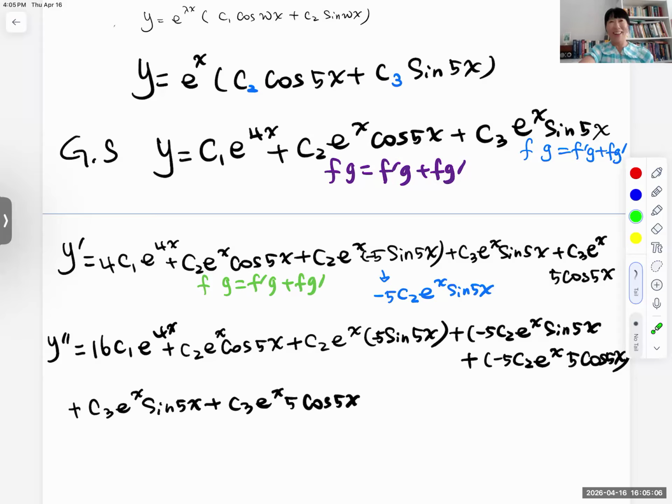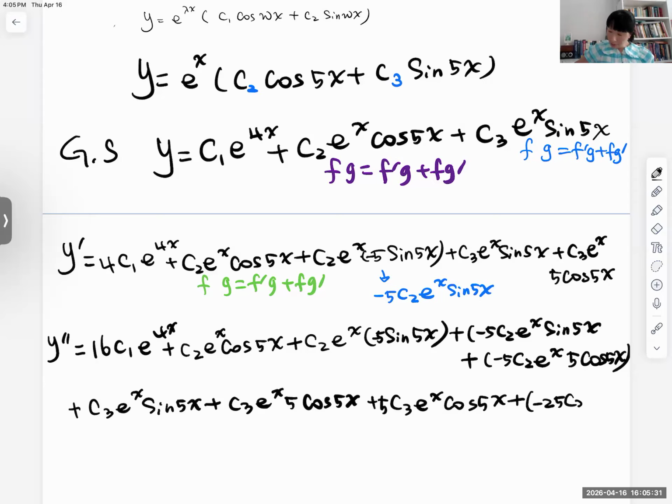No, okay, good. All right, so last term, so we have c sub 3 e to the x, 5, and then cosine 5x, plus negative 25 c sub 3 e to the x sine 5x, yeah? Okay, please correct me if I make a mistake. All right. Everything is good?